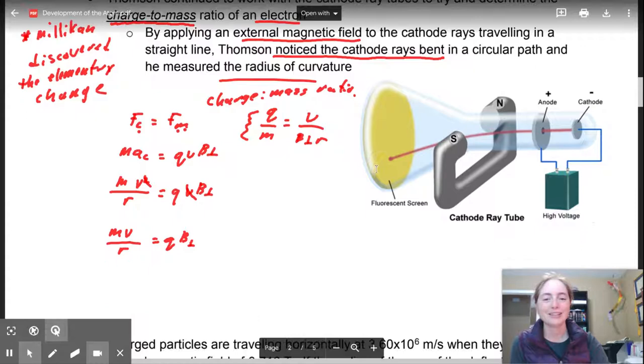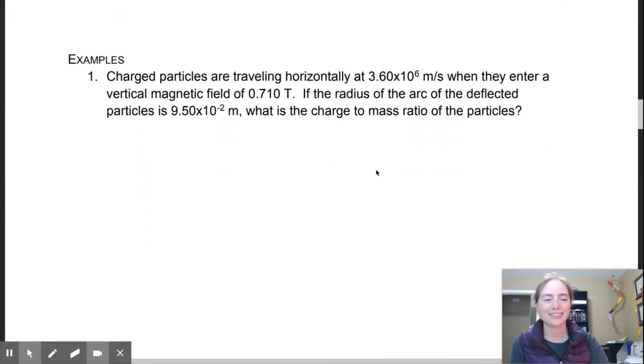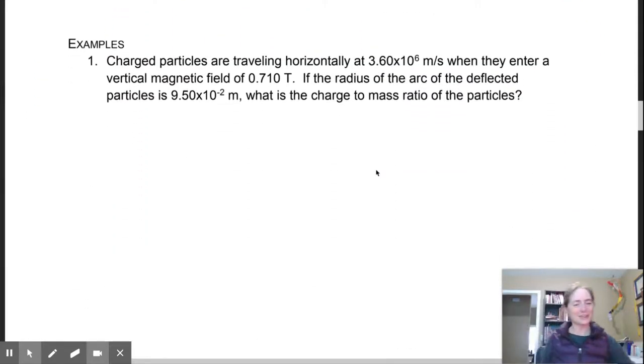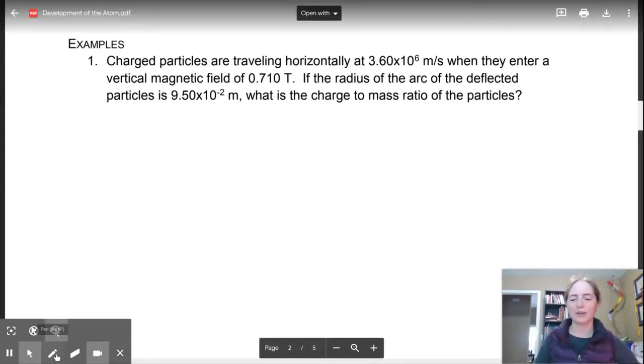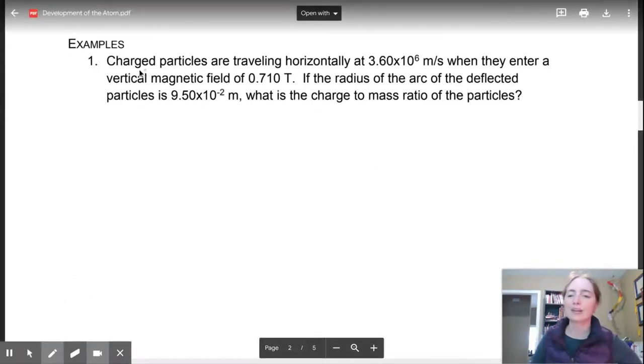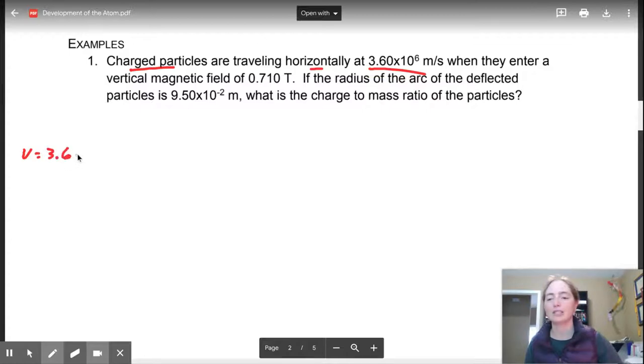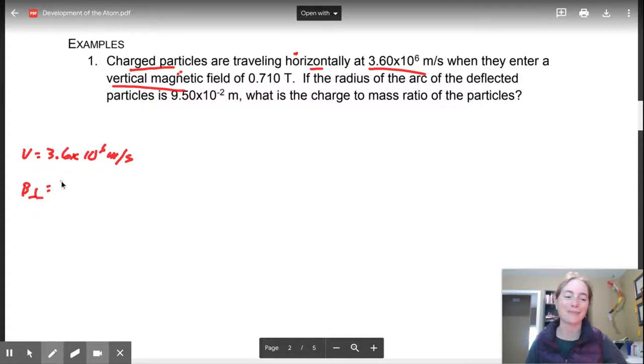All right, so, ladies and gentlemen, let's do a calculation, the kind of thing that Thomson did. Charged particles are traveling horizontally at a speed of 3.6 times 10 to the power of 6 meters per second when they enter a vertical magnetic field. Now, the key thing with these questions, ladies and gentlemen, is to note that our magnetic field is perpendicular to the path, which is what we want.